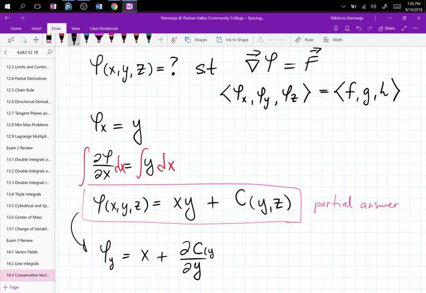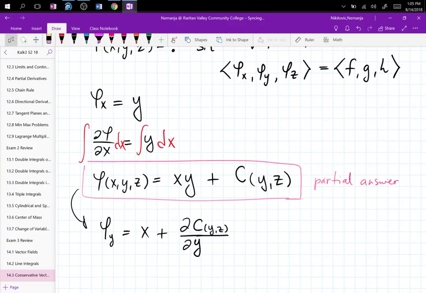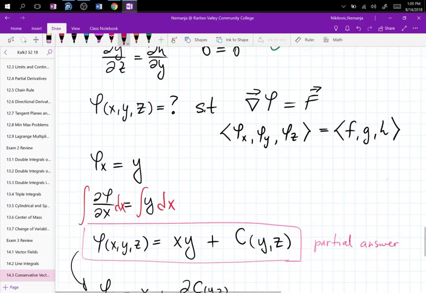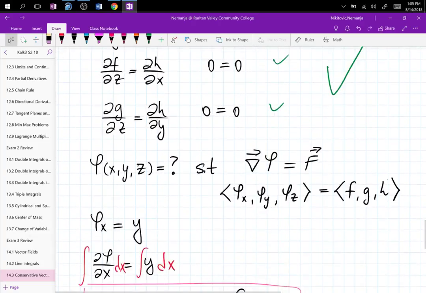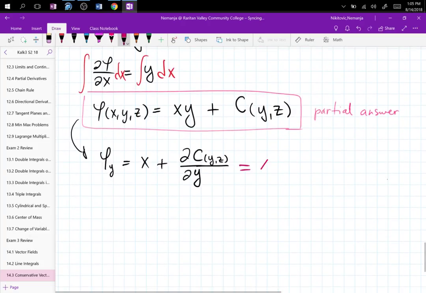And now we set that equal to whatever the partial y was in the g spot, that's x. So when you set these two equal, you get that partial c, partial y is equal to 0.